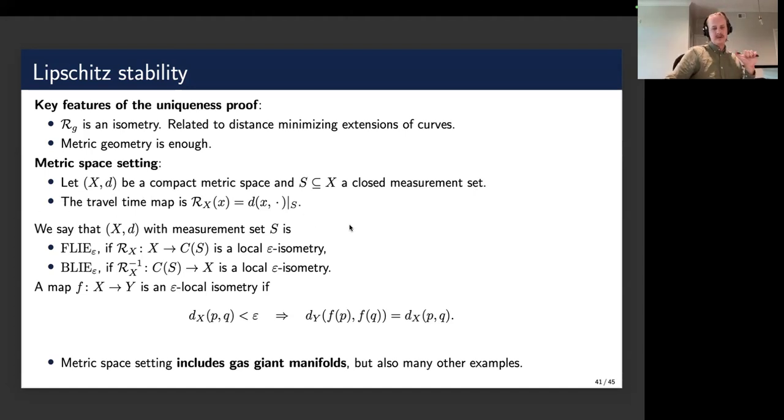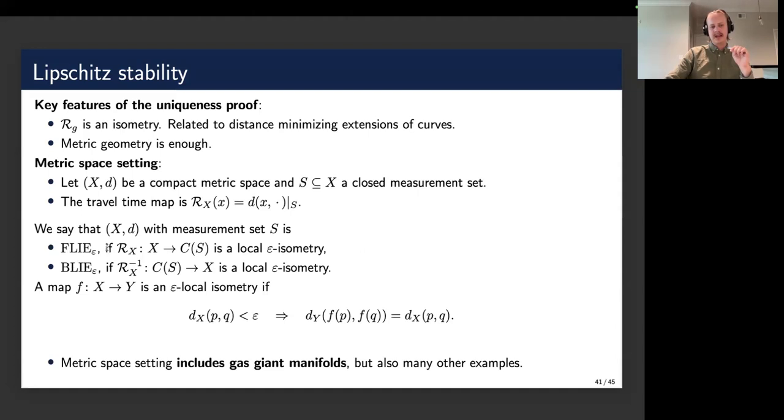Okay, and now we want to make sure that our travel time mappings are isometries, but our result will not have to assume all of that, because we basically want to go beyond simplicity. So we want to have conditions of the following type. We want to assume that our metric spaces are going to be something that is known as PLI or BLI.